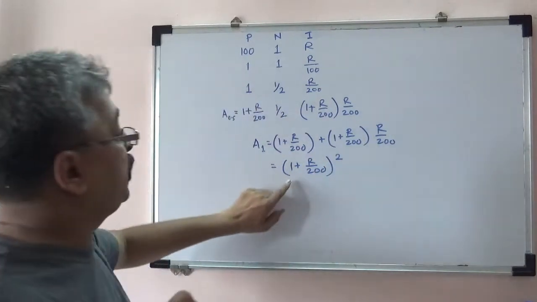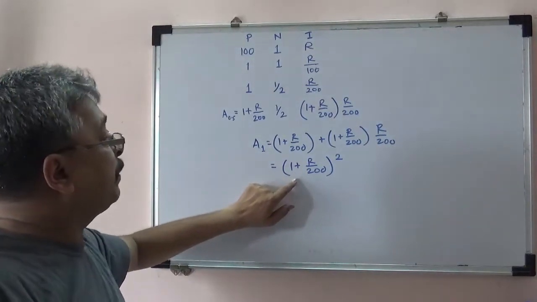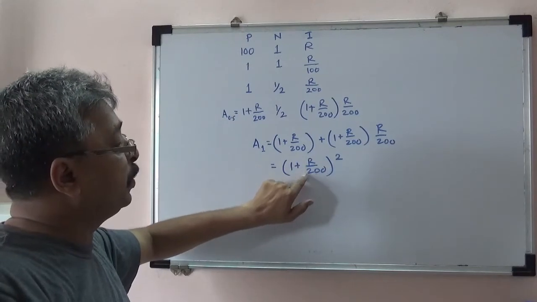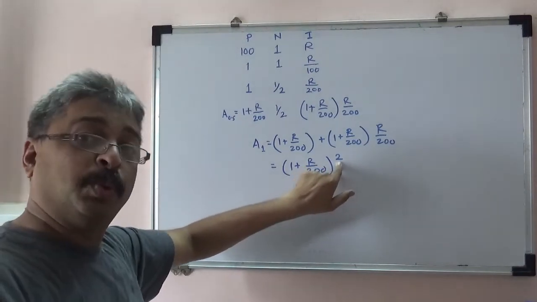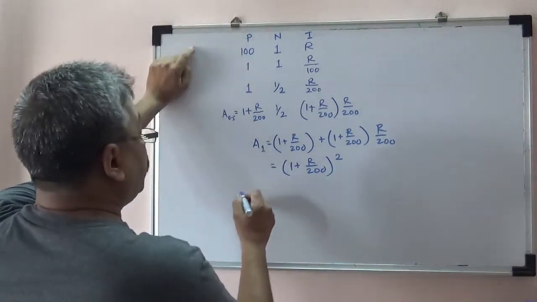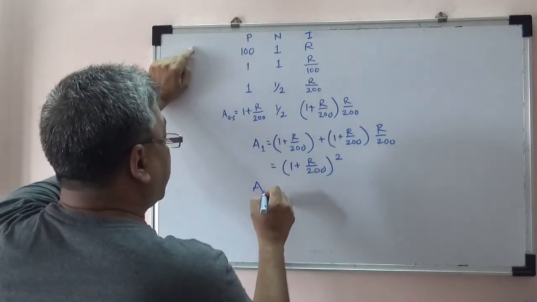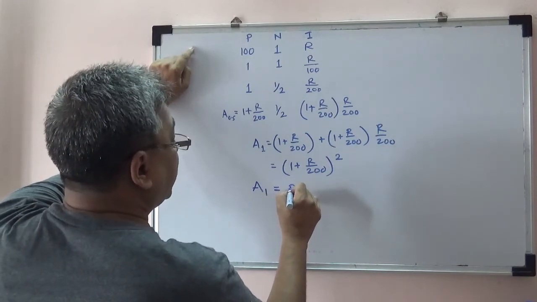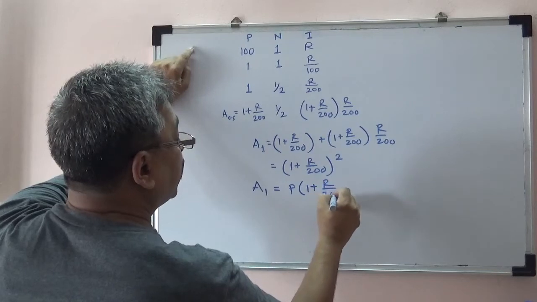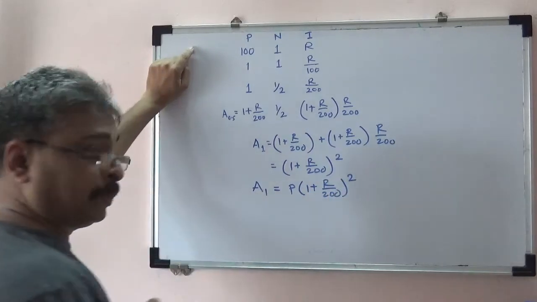So for 1 rupee principal, if I compound half yearly, I get 1 plus R upon 200 raised to 2 as my amount. Okay, so if I do it for principal P, I should get P into 1 plus R upon 200 raised to 2.